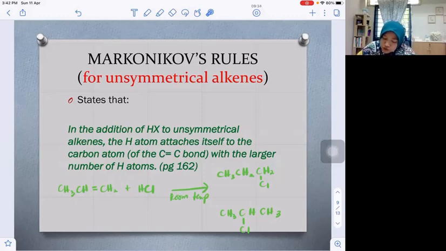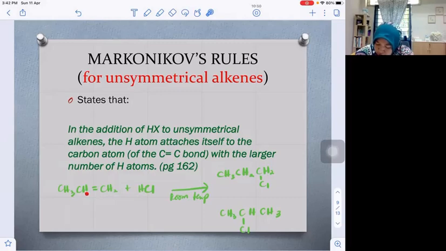Then we have to follow the Markovnikov rule to identify which one is the major and minor product. So look at the hydrogen. The first one, hydrogen is added to this carbon. In this carbon-carbon double bond, the first carbon has 2 hydrogens. The second carbon only has 1 hydrogen.